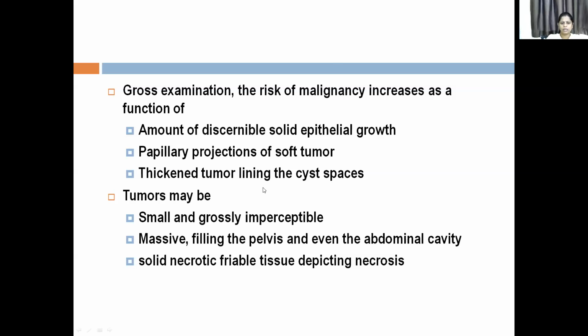And when the tumor lining the cyst is thickened, you should look carefully for malignancy. So the three factors that decide whether it's malignant or benign are solid growth, papillary projections, and thickened wall. Usually the tumors may be small or they may be massive, filling the entire pelvis, with solid necrotic friable tissue depicting necrosis.